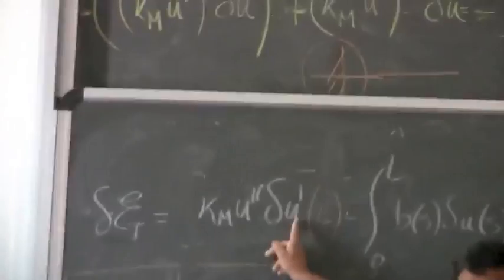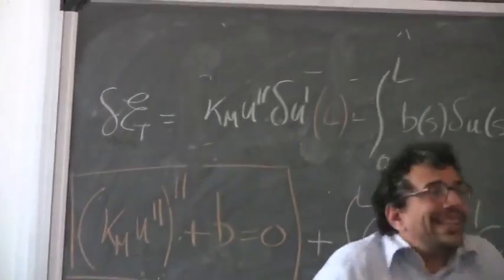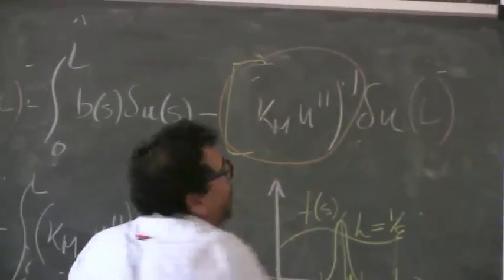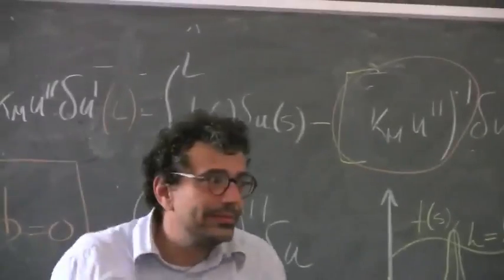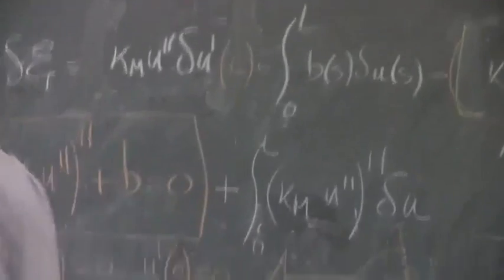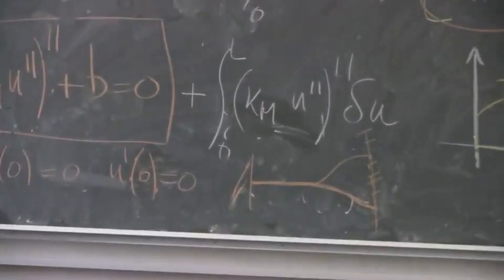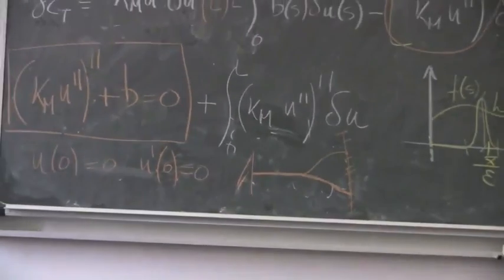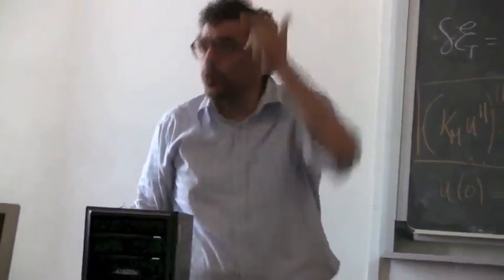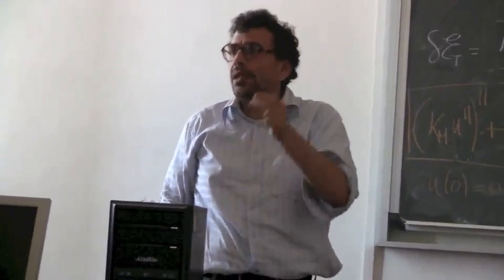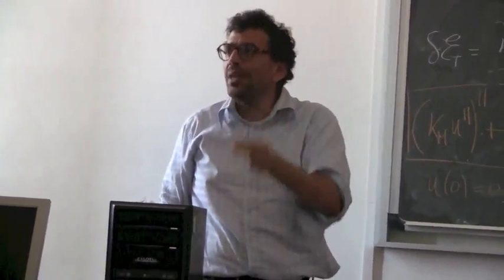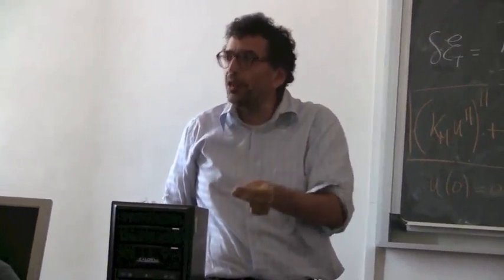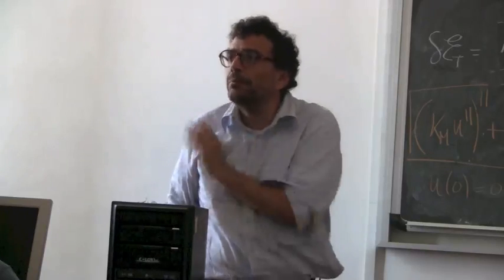Delta U prime is 0. Therefore, this animal has to be 0. What it means, I do not know. I do not want to know. I refuse to know. This is the condition coming out, the requirement of minimum of energy. Period.